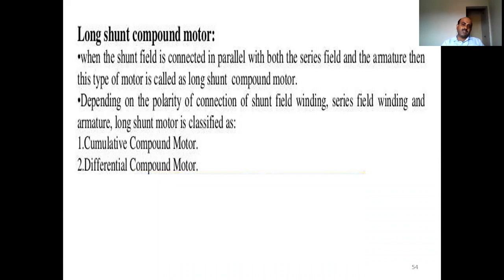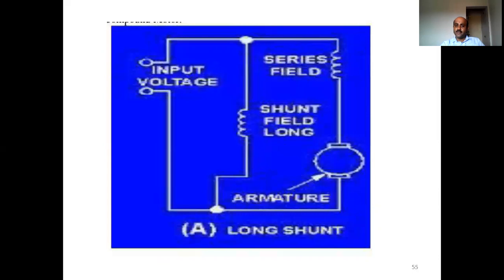See what happens in the case of a long shunt compound motor: the shunt field is connected in parallel to both the series field and the armature. Then that will constitute a long shunt compound motor. So let us look at the circuit diagram here.